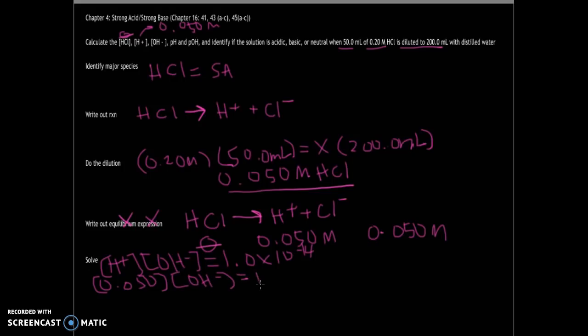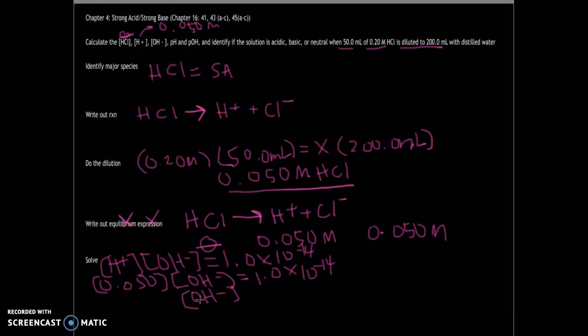Okay? This is basic algebra. You divide both sides by 0.050, and OH minus comes out to be, I don't know because I don't have my calculator ready, so hopefully you do.